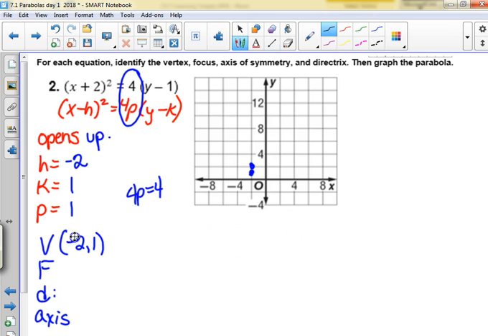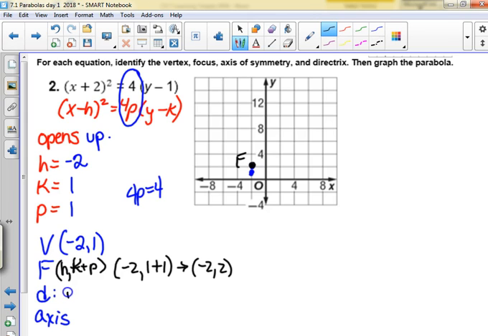Okay, thanks. All right, the focus, it says, is H, comma, K plus P. See, I never use these formulas, so I have to look at the sheet. That would be negative 2, comma, 1 plus 1, which is negative 2, 2, which is where I put my little focus right here.